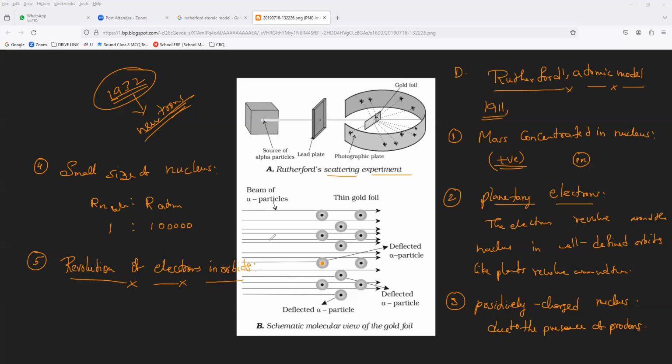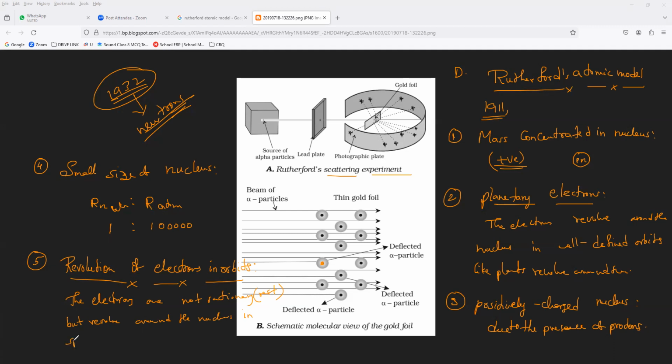The electrons are not stationary. Stationary means at rest or in a stagnant position. The electrons are not stationary, but revolve around the nucleus in a specified path.